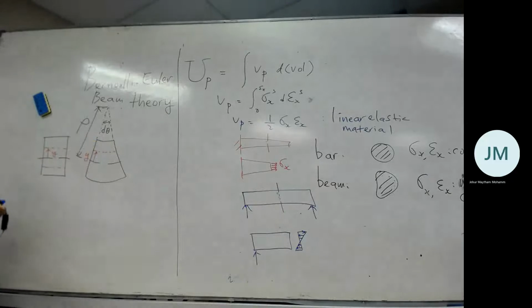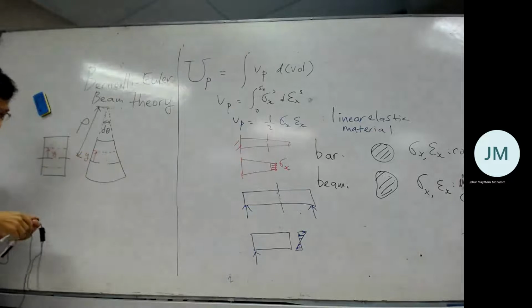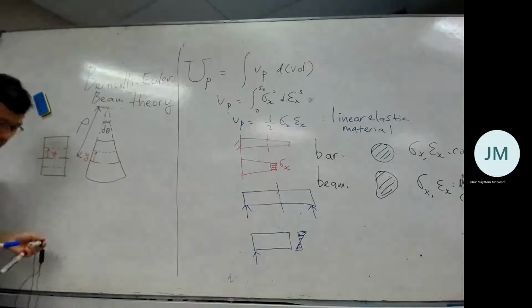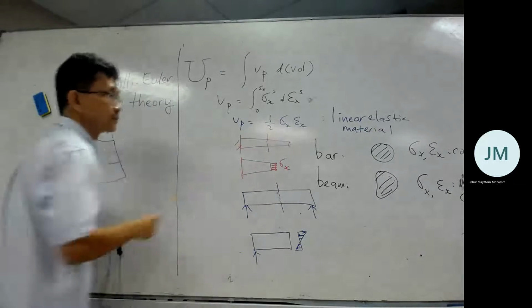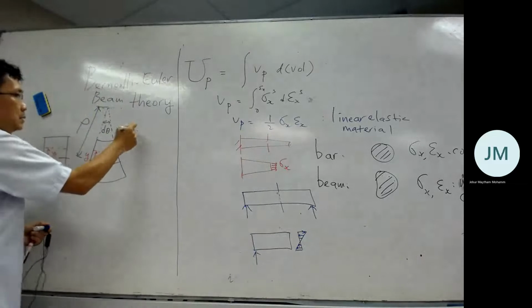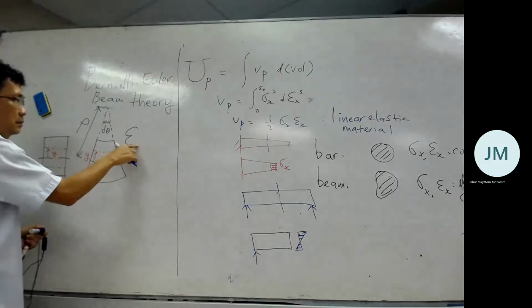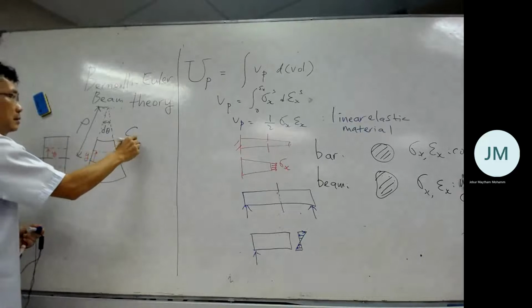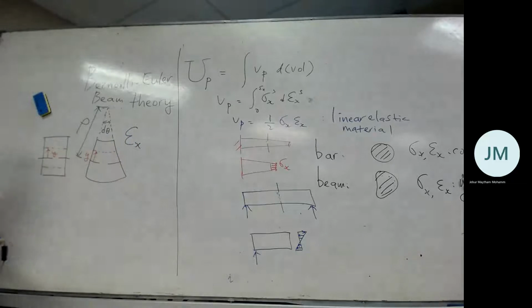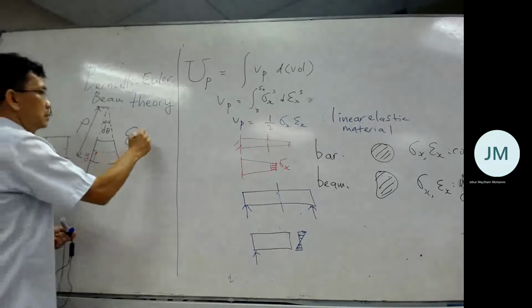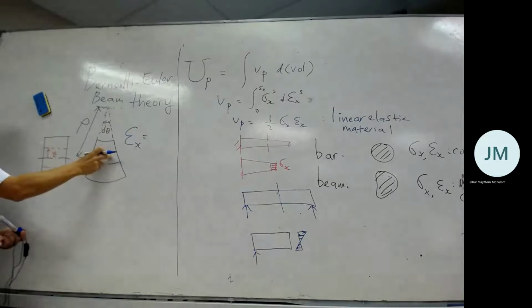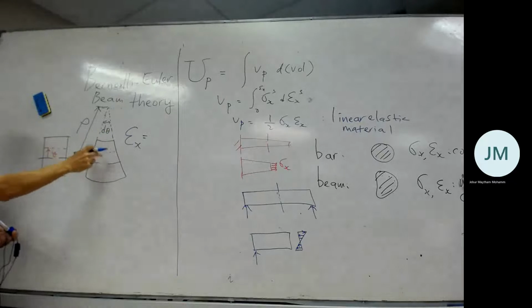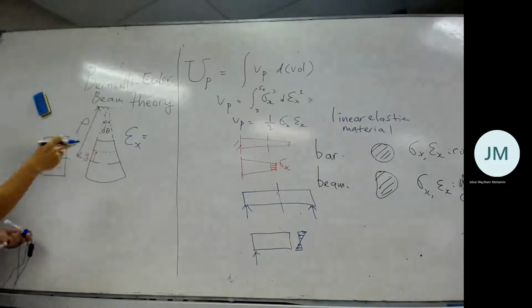So we go back to the definition of axial strain. Here, we want to get this term. So epsilon x at this point is the length after bending minus the length before bending, over the length before bending.